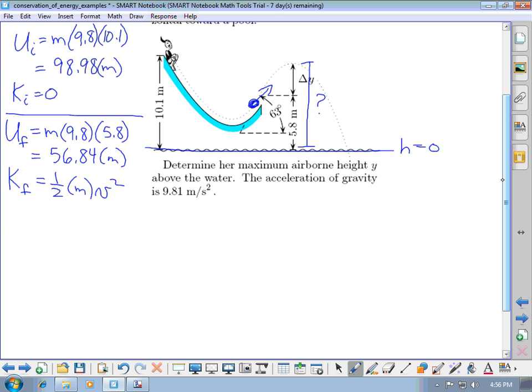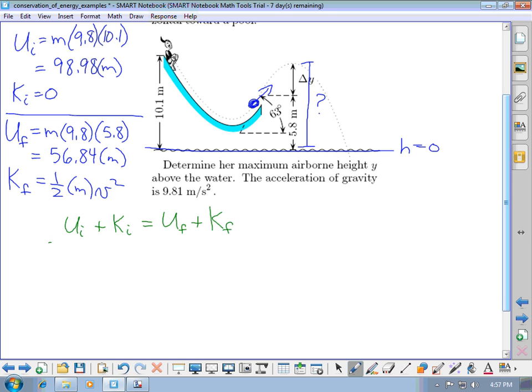So if I use the principle of conservation of energy, again, in this problem, there are no non-conservative forces acting. So the initial potential energy plus the initial kinetic energy equals the final potential energy plus the final kinetic energy. Again, these don't have to be the initial and final points. It's really the potential energy plus the kinetic energy at one point in the motion has to equal the potential energy plus the kinetic energy at some other point in the motion.